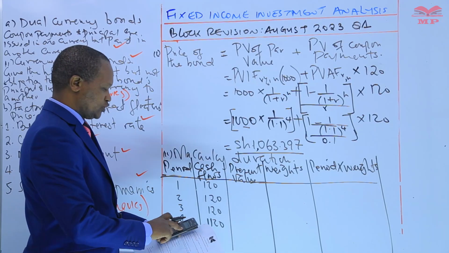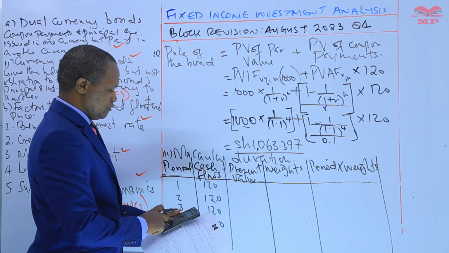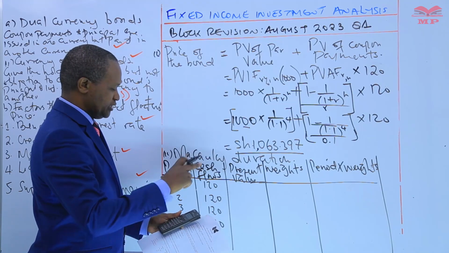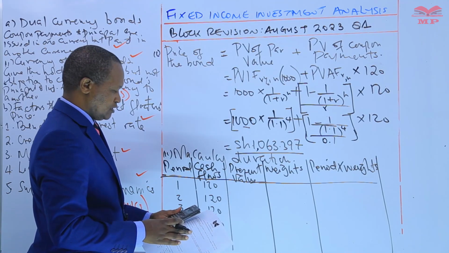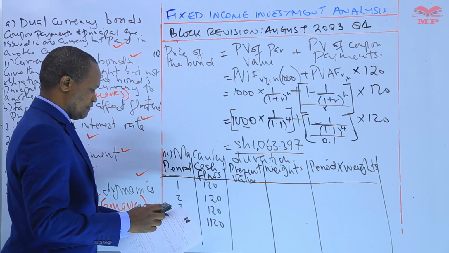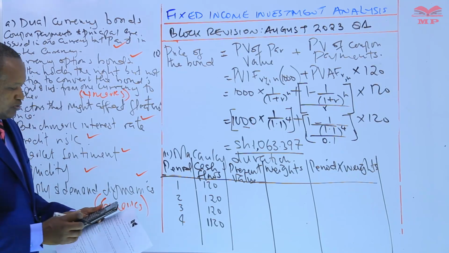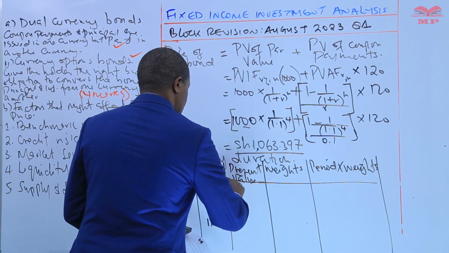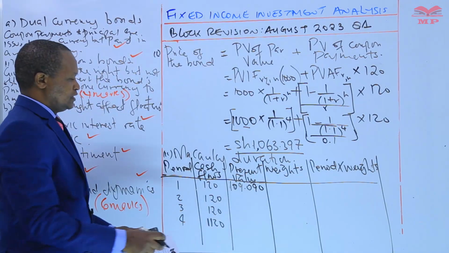So you're going to have 120 divided by, we open a bracket, 1.1, close the bracket, raised to 1. So when you discount this 120, I'm getting here 109.090.